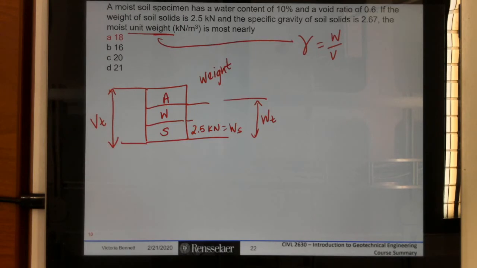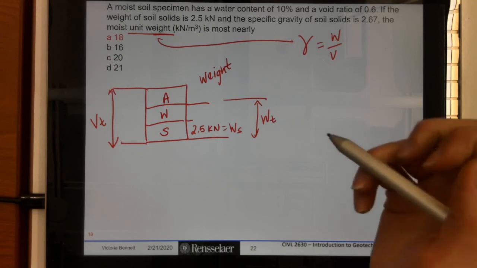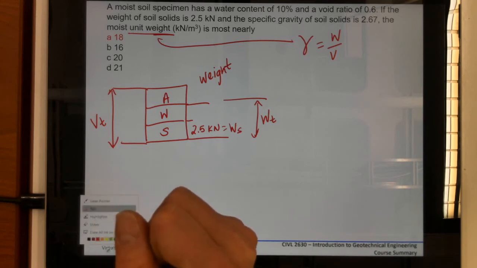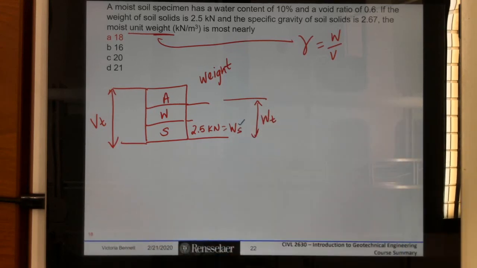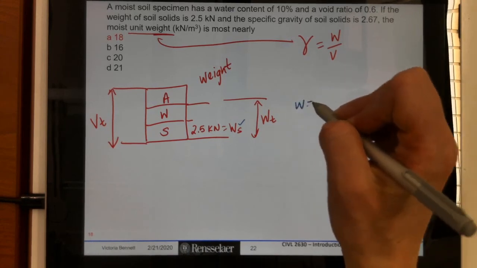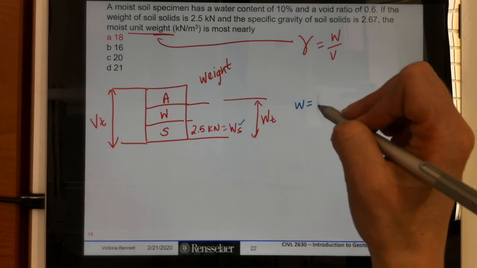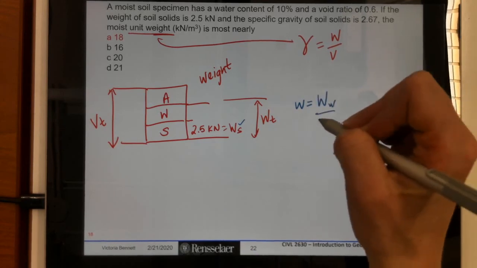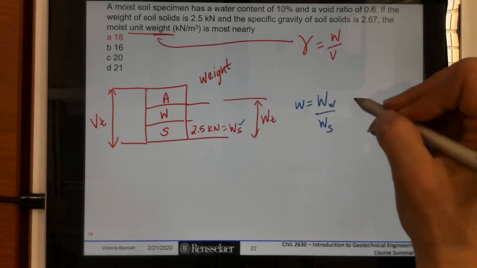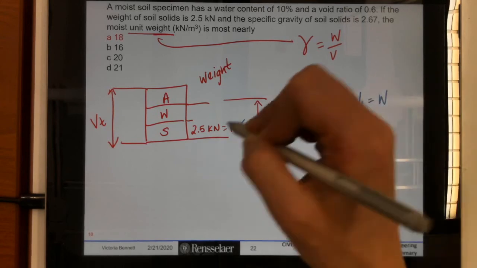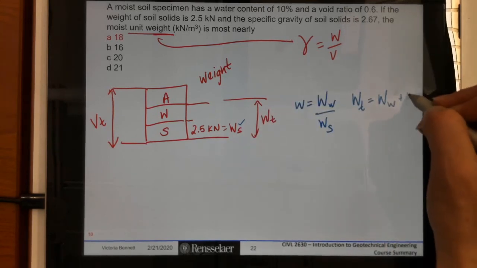And this one actually is a few more steps of involvement because all I'm given on the weight side is the weight of the solids, but I also have a given piece of information for the water content. So we're going back and remembering that water content is the weight of water over the weight of solids, but also that the total weight is those two pieces, the weight of water plus the weight of solids.